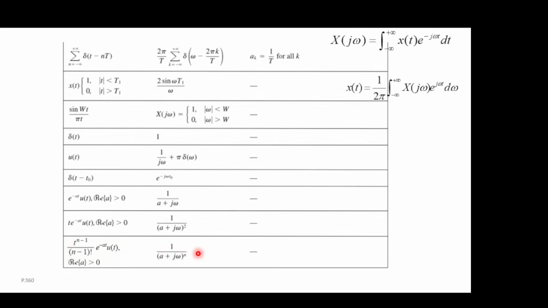If you have 1 over (a plus j omega) to the nth power, then you will also get e to the minus at, multiplied by t to the n minus 1 power over n minus 1 factorial. And the real part of a should still be bigger than 0 for this to converge.